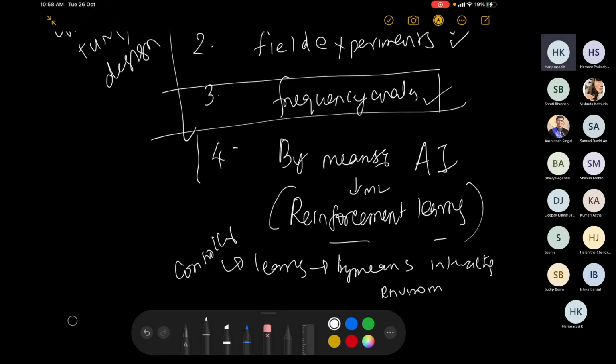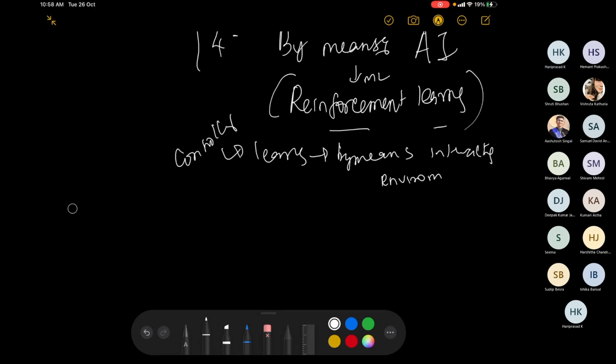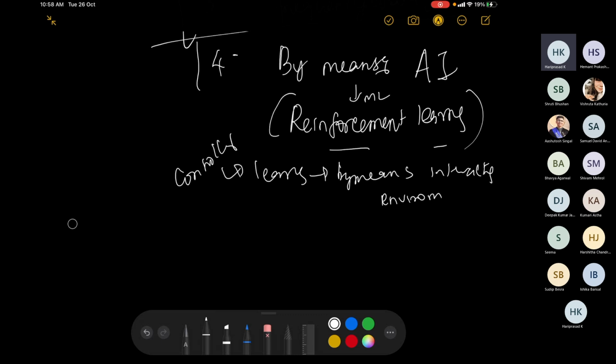Let's say you want to teach a robot walking. In the first step, it might fall down. So you would have to give feedback to its artificial brain, or neural nets, which is the artificial brain of the robot.